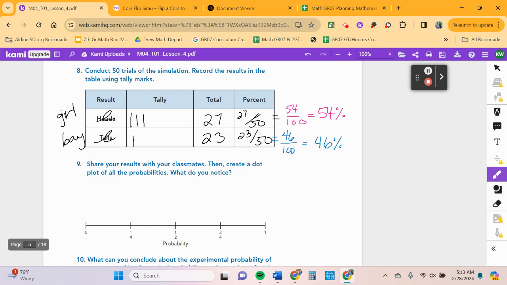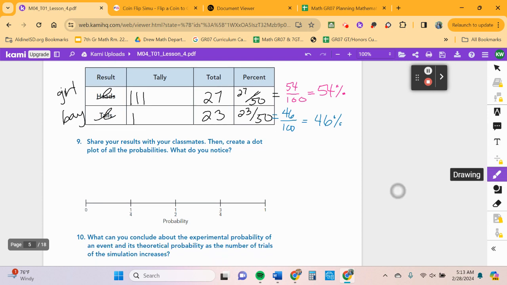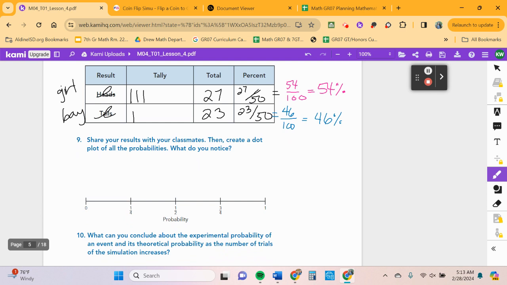That is true. One way we can also estimate on our dot plot or on our probability scale is by percentages. So we know that 1/4, 1/2, 3/4 are all benchmark percentages, from 0 to 100%. And if you don't know what these are as percentages, think of quarters, right?